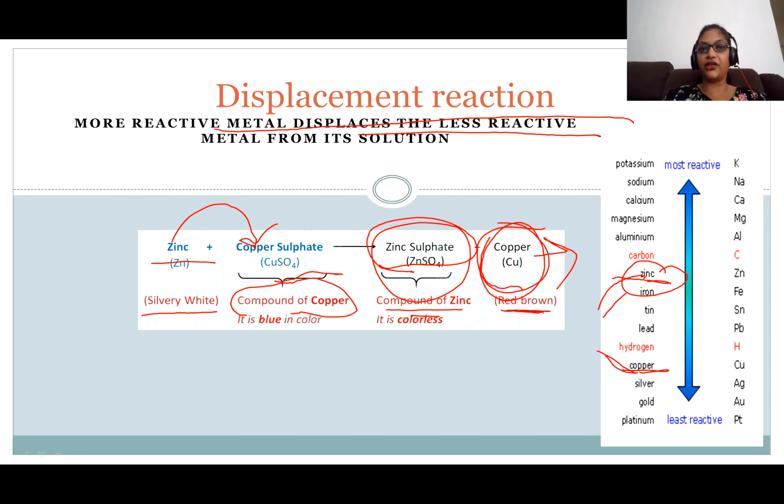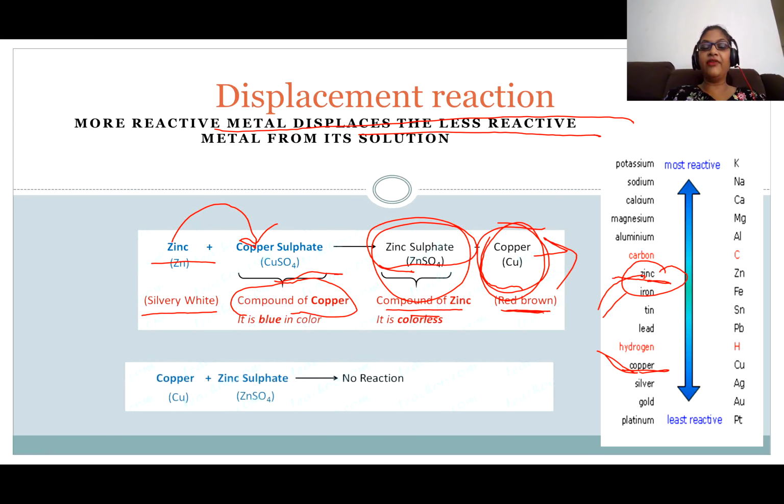But if you add copper to zinc sulfate solution, there will be no reaction. Why? Because copper is less reactive than zinc, so it won't be able to displace zinc from its salt solution. More detail you can get in my other video with other examples.